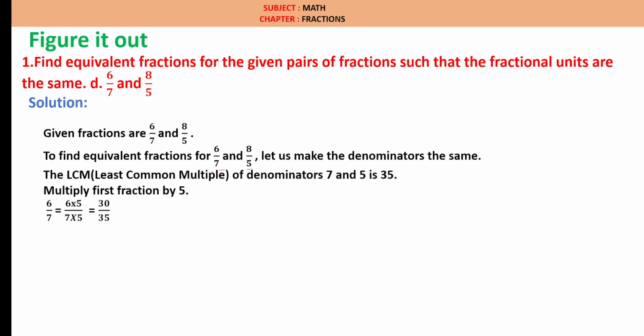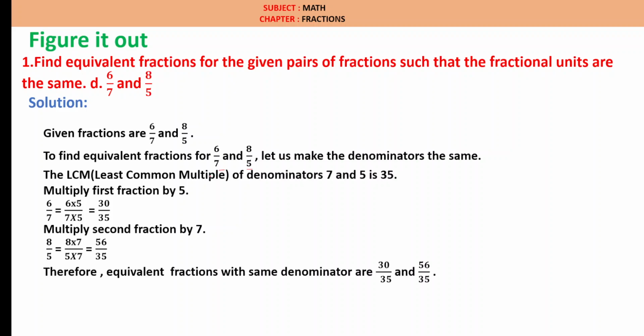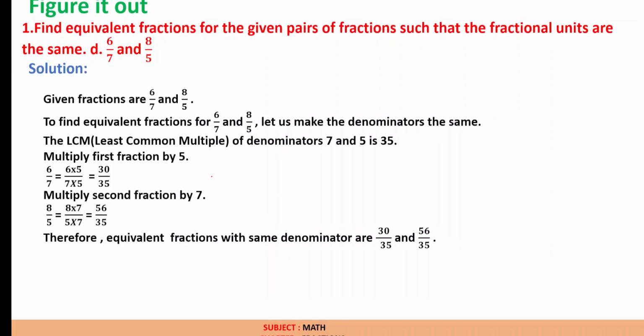So, 30 by 35. Next one, 8 by 5. Let us multiply the second fraction by 7. So, 8 by 5 is equal to 8 into 7 divided by 5 into 7. So, 56 by 35. Therefore, the equivalent fractions with the same denominator are 30 by 35 and 56 by 35.